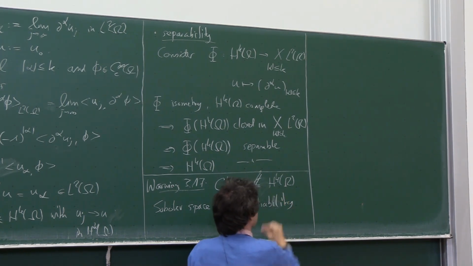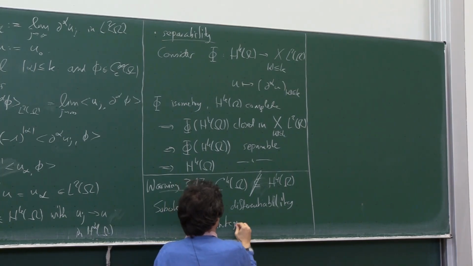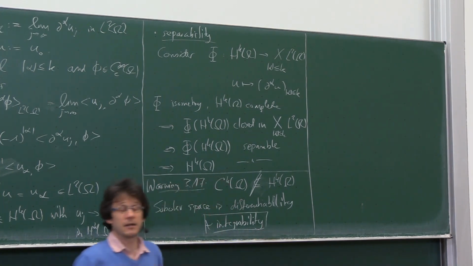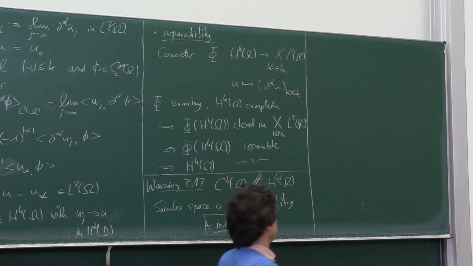This means there are weak derivatives up to some order, plus integrability. It does not only say there are a certain number of weak derivatives, but it also says all these derivatives are square integrable, are in L2. And this is an integrability thing, not a differentiability thing.